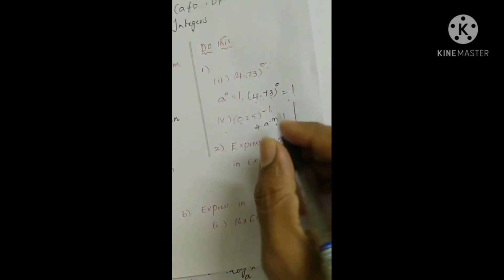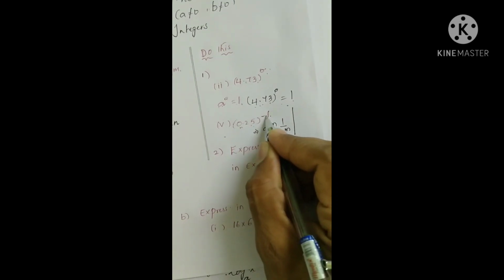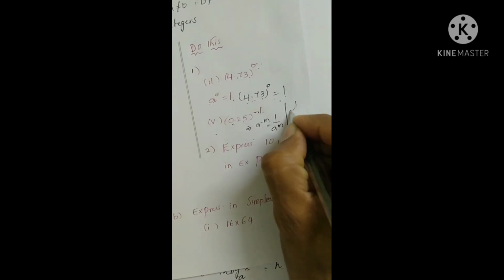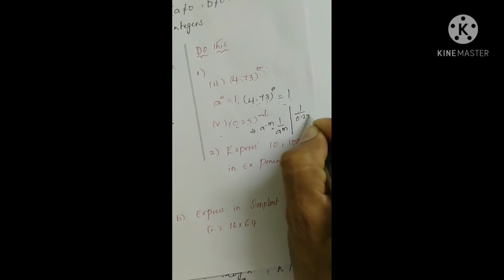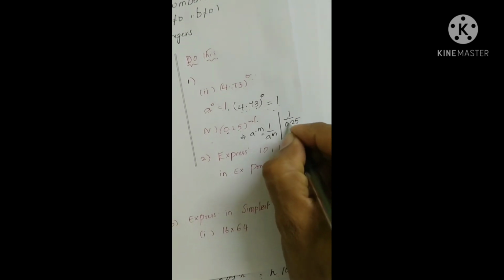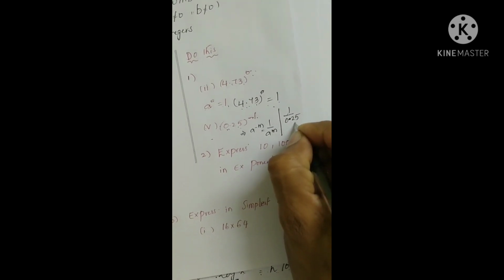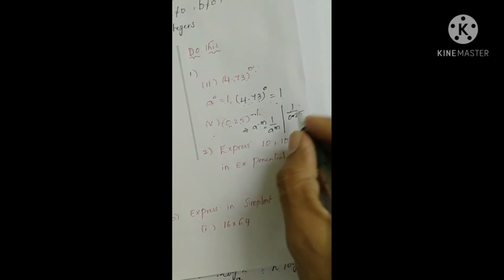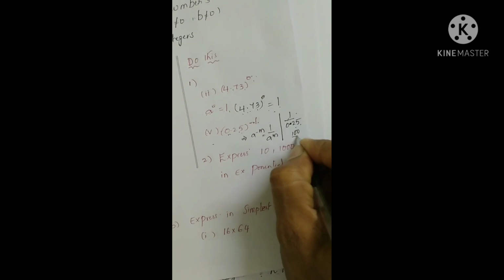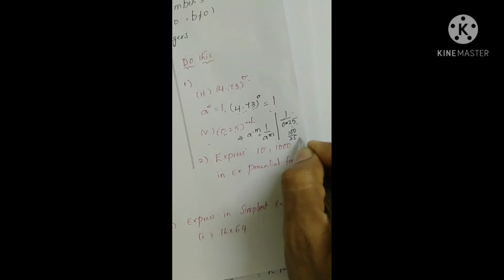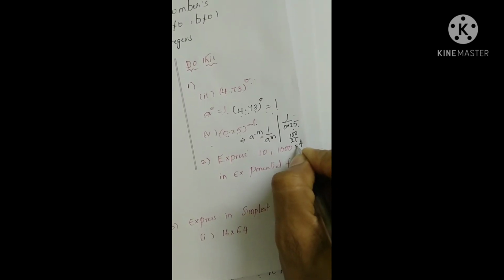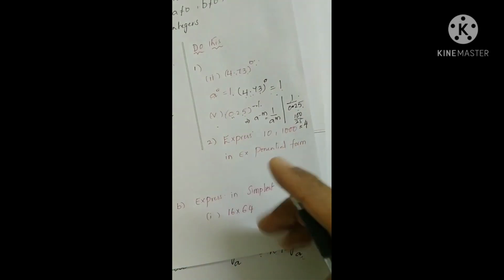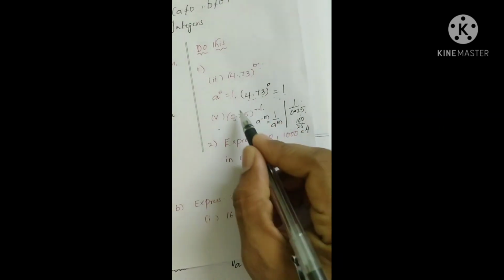So (0.25) to the power of minus 1 is equal to 1 by 0.25. For decimals, rationalize with 100: multiply numerator and denominator by 100. So 100 by 25, the result is 4. The remaining is your homework.